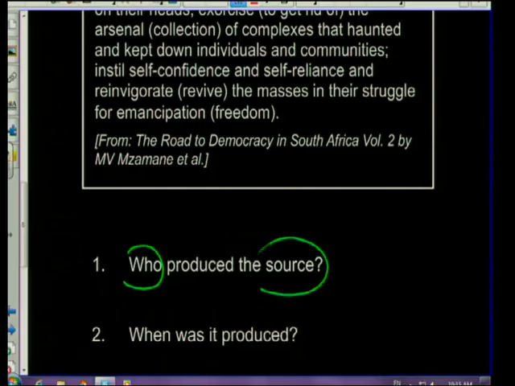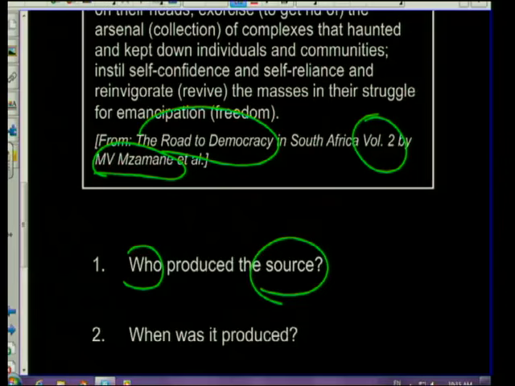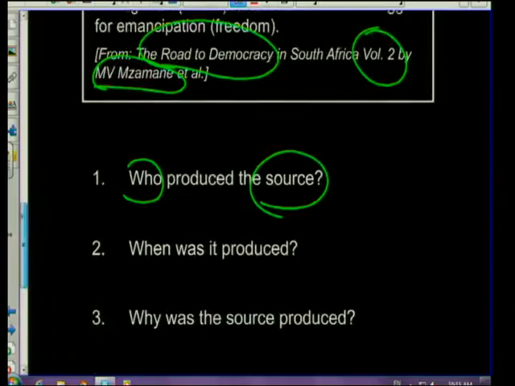Let's look at who produced the source. It was written by M.V. Mzamane. It's obviously a collection of books. We know that by looking at this because it says volume 2, and the title of the source is The Road to Democracy.